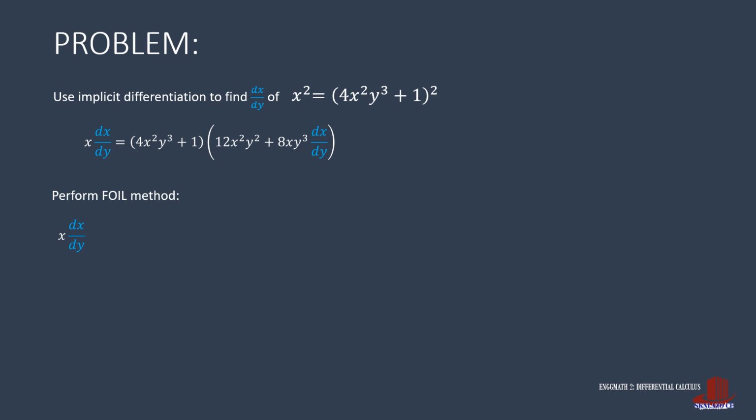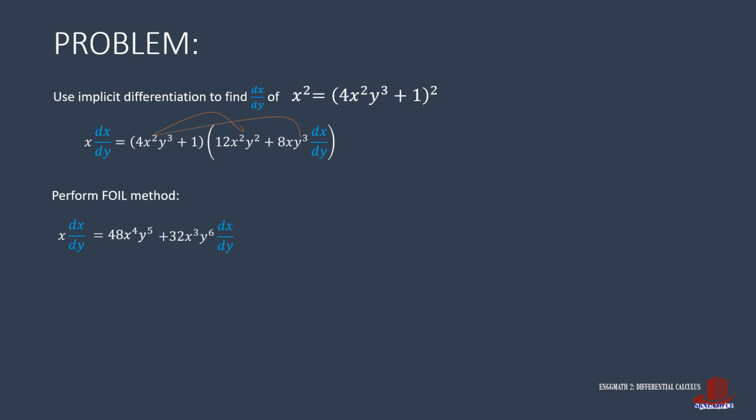The left term remains as x with dx over dy, and the right then multiplies the terms to have 48x raised to 4 y raised to 5 when we multiply 4x squared y cubed with 12x squared y squared.